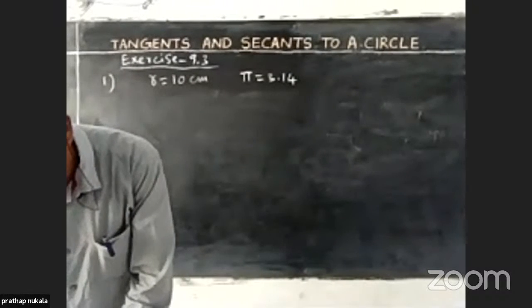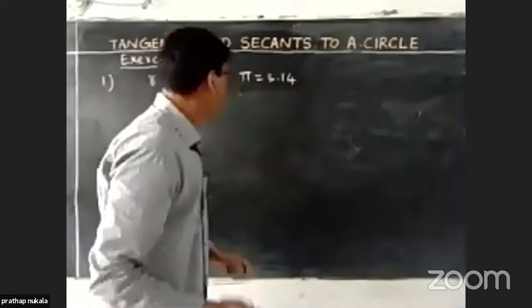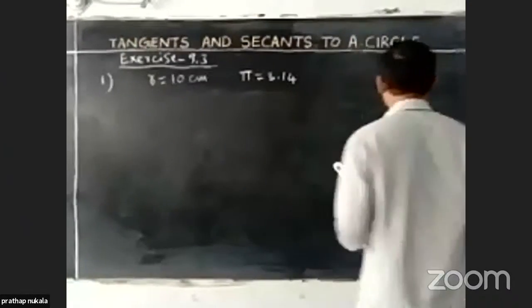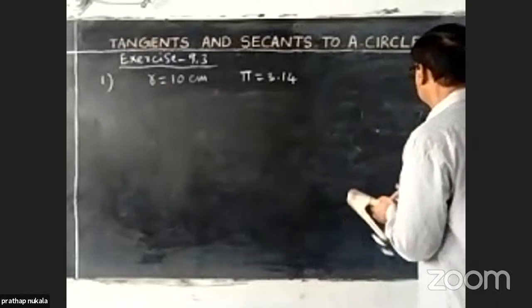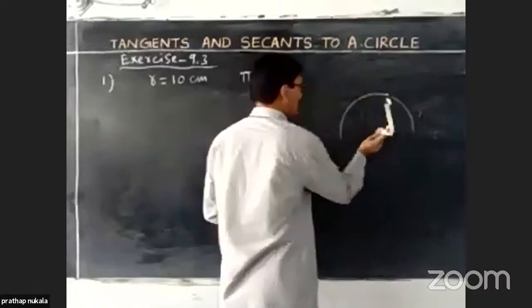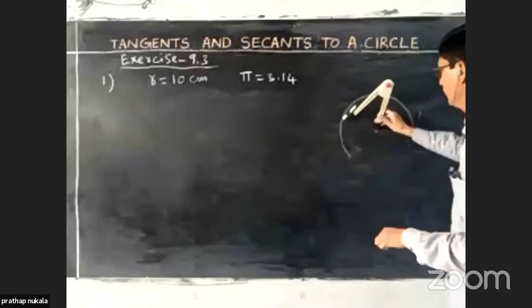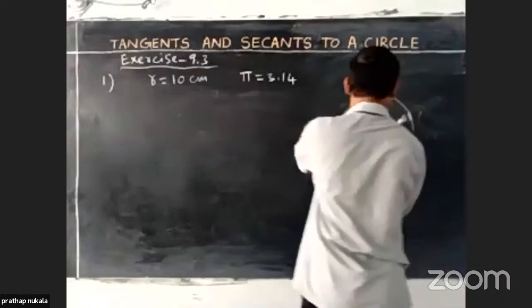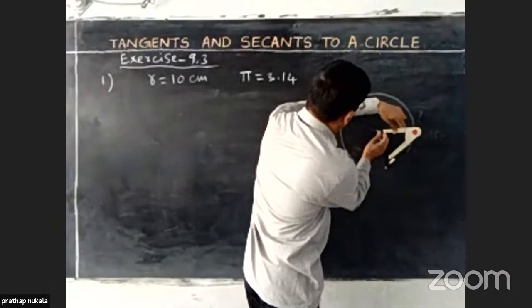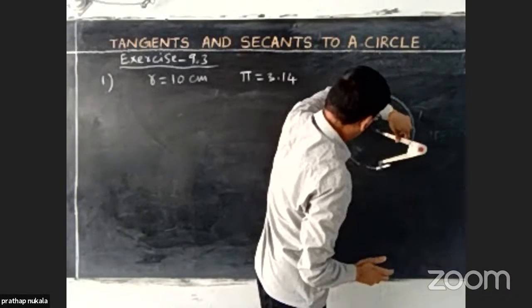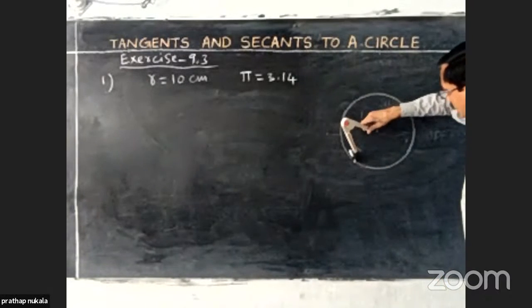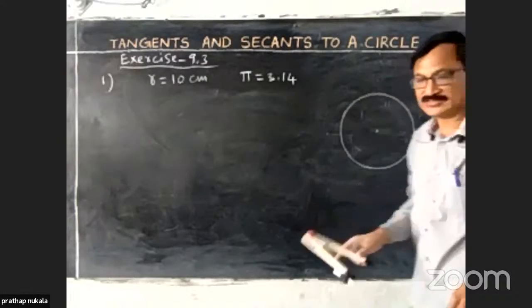We need the area of the minor segment and the major segment. Now I am drawing a circle.